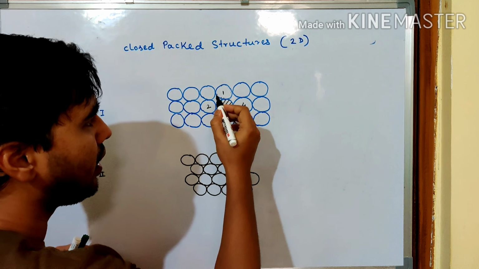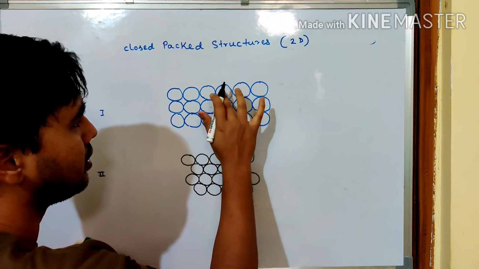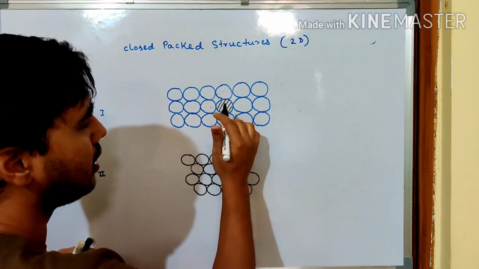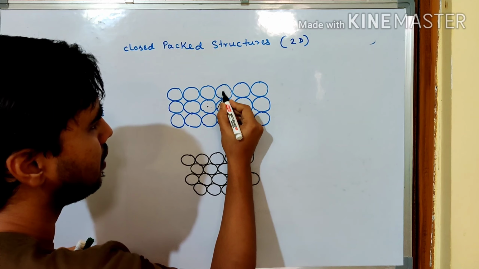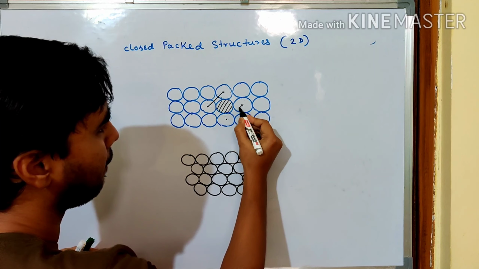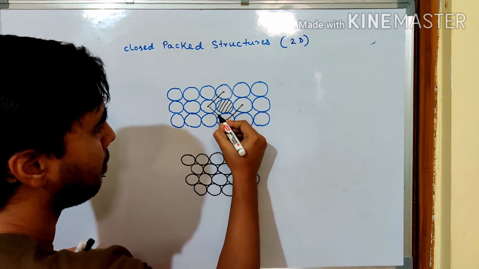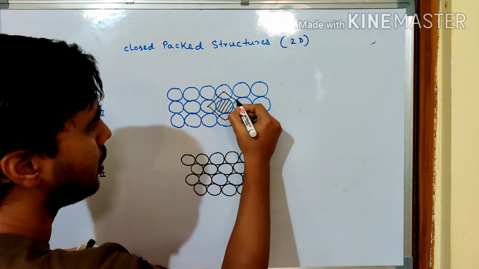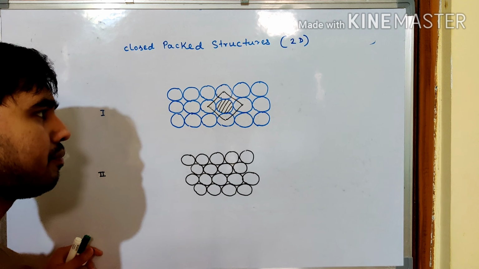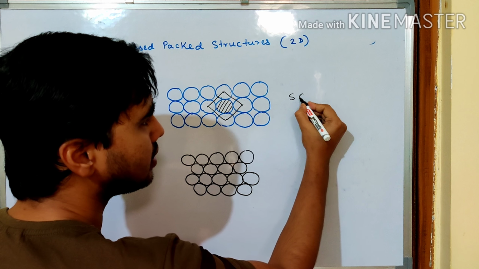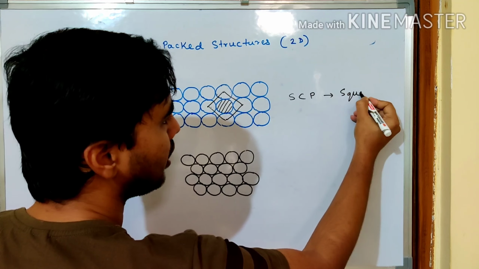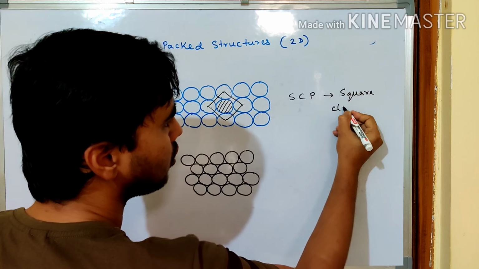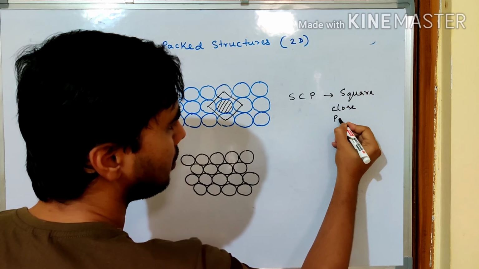Now if I connect those centers, it gives rise to a square. So this is called SCP, or square close packing.